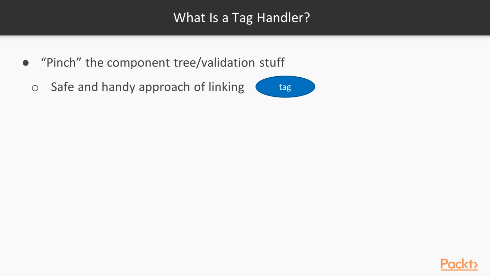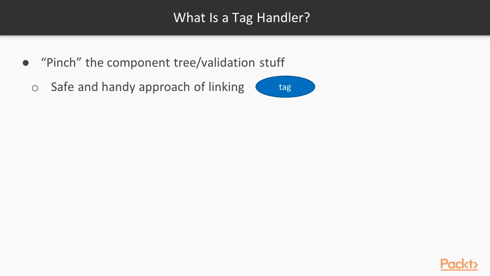First, we have to know that a tag handler is a type-safe and handy approach of linking a tag name with some functionality. Let's say that you have created a custom tag and you have placed it somewhere in your XHTML page.